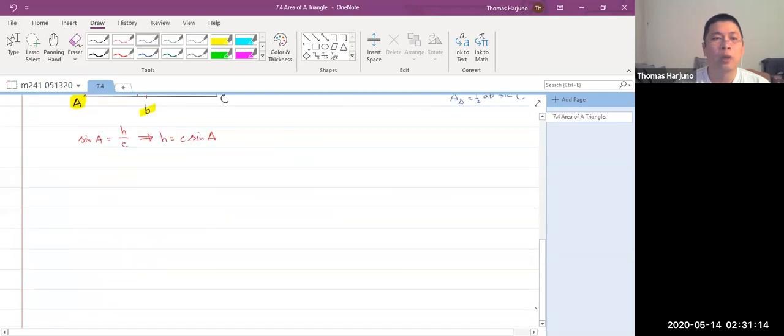Now, let's do this one question first. For example, I have a triangle where side A is 3, side B is 7, and angle C is, let's say, 40 degrees. Then what is the area of the triangle?